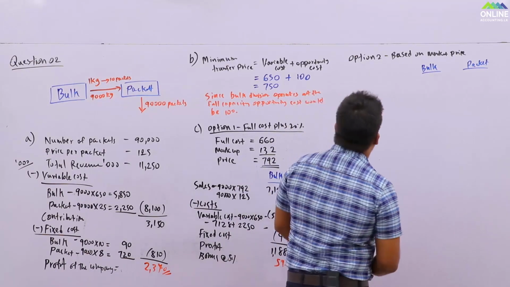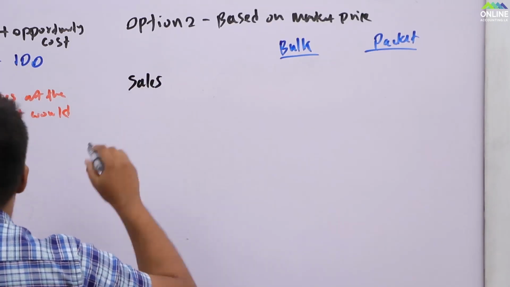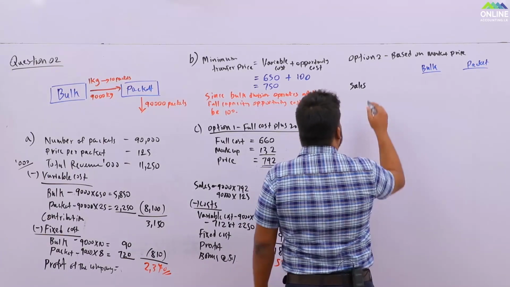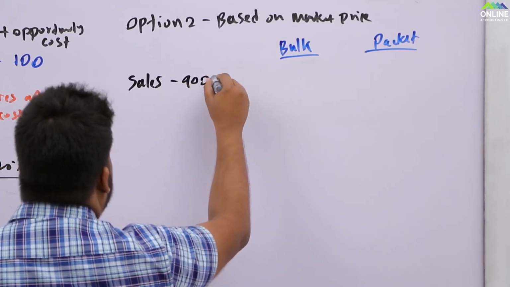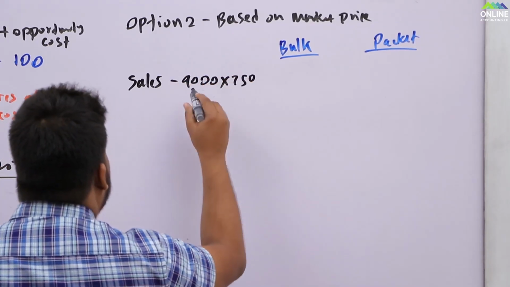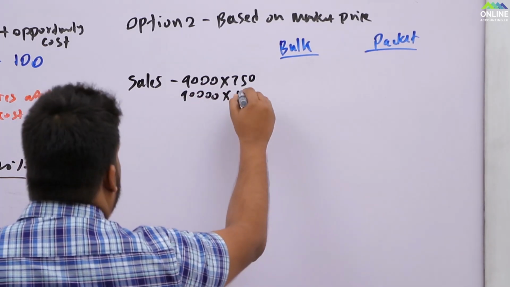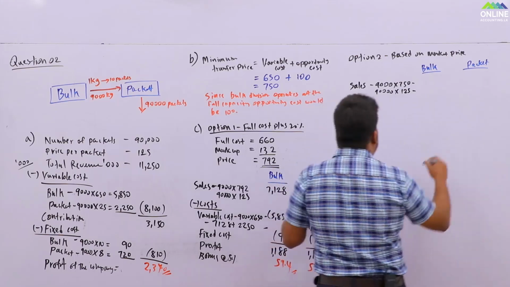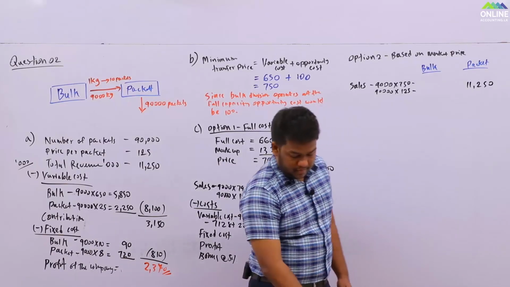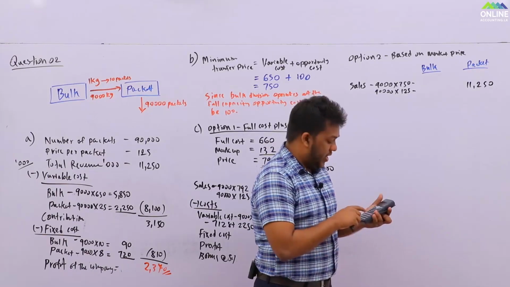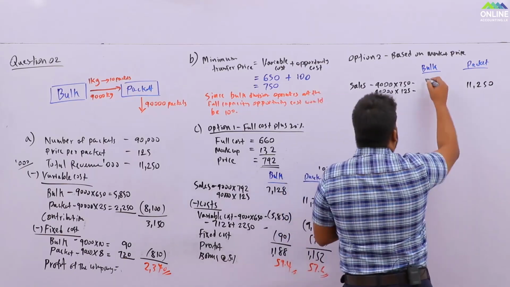So sales revenue: 9,000 units they are selling at $750. Here 90,000 at 125. So this is the same, 11,250, same. 9,000 into 750, that is 6,750.